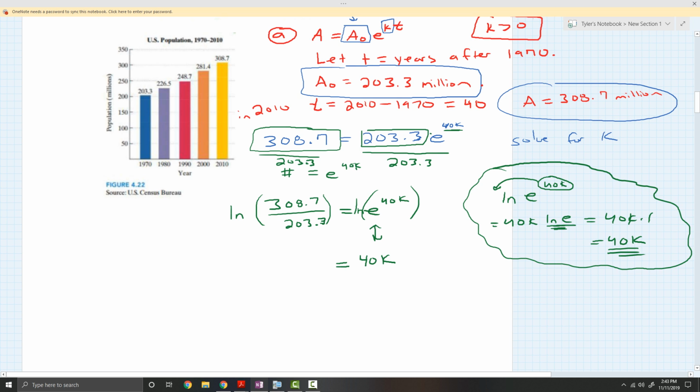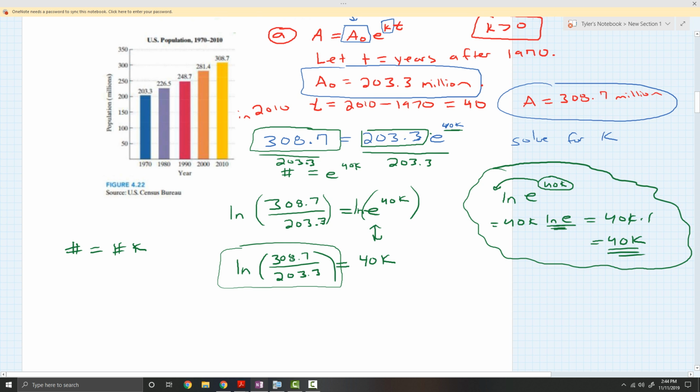Then on the left-hand side, I would still have the natural log of 308.7 over 203.3. Don't forget that when you have the log of some constant, that's just a number. So this left-hand side is just a number. So I have a number equals some number times k.